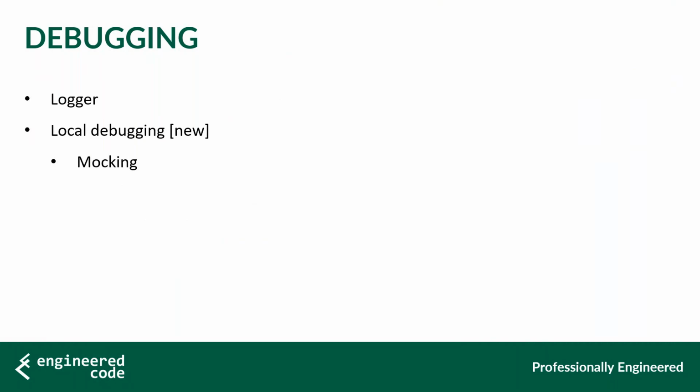So one is the logger that I mentioned. So the ability to add logging messages into your code, and then what you have to do is use the DevTools extension for Edge, which allows you to see the log. So in the same way that you can see some server-side logging already with the DevTools, that's been expanded to also support the Power Pages server logic.